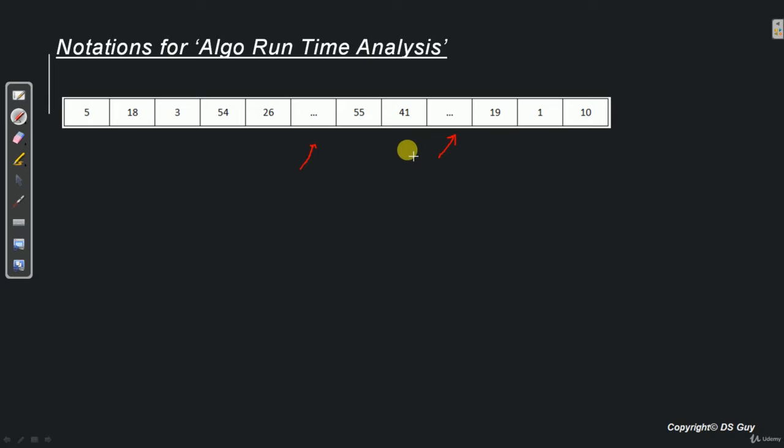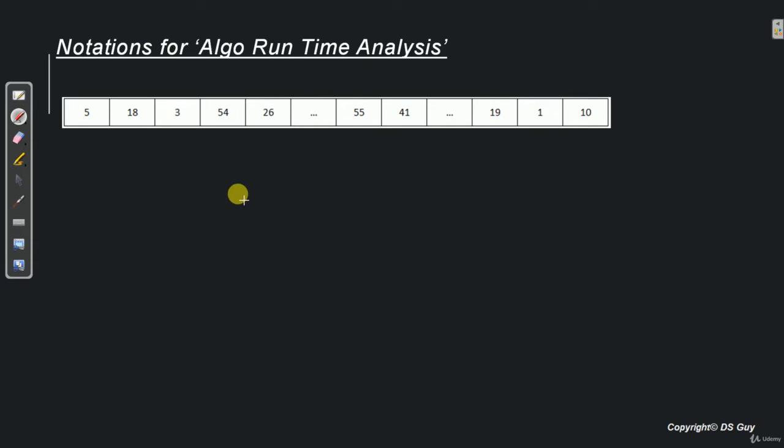So let's say there are 1 million numbers here and another million numbers over here. So the size of this array is, let's say, around 2 million. Now our task is to find a given number in this array. Fine. Now let's say we want to find if number 10 is there in this array or not.